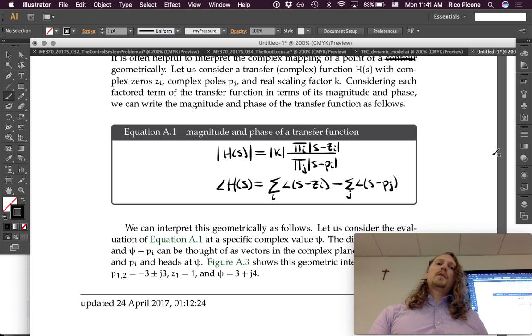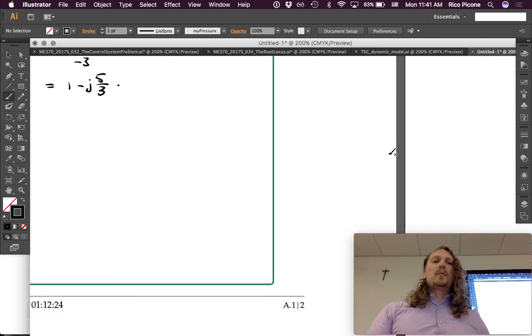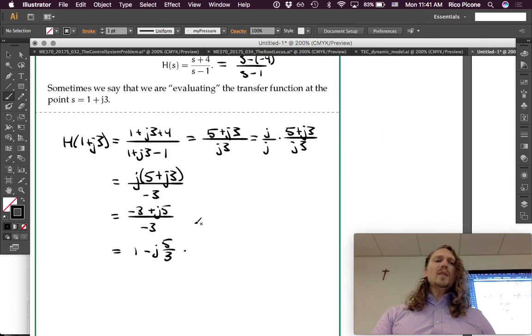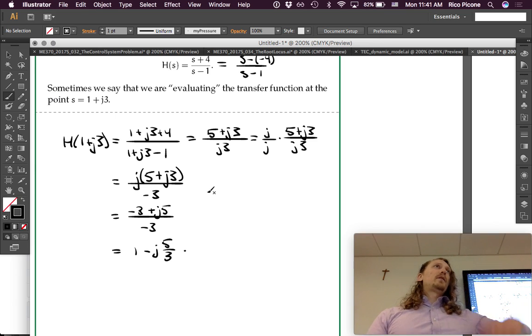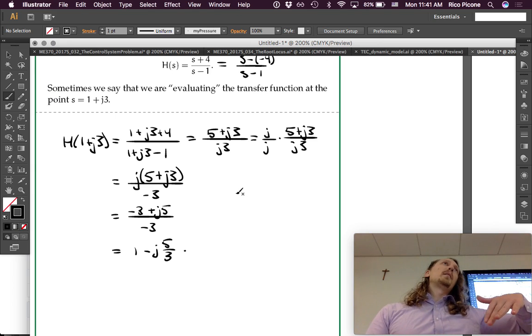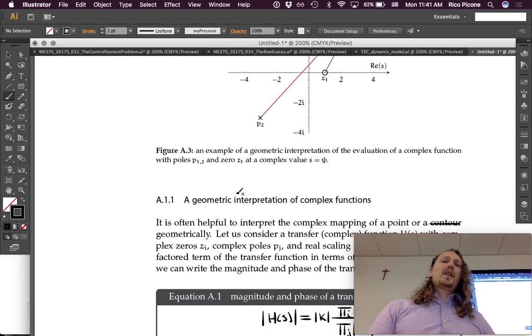And this comes from, do you guys remember if we use a phasor notation or polar representation of the complex number, when we divide the numbers, the magnitudes divide, right? And the phases add or subtract, right? So the numerator is plus, the denominator is minus. Do you guys remember that?